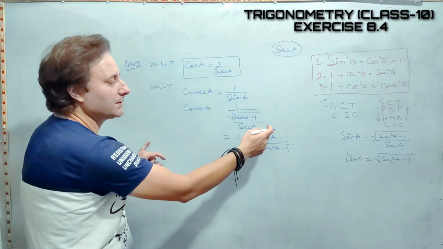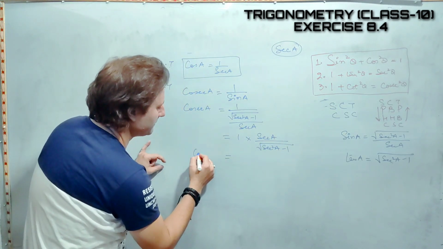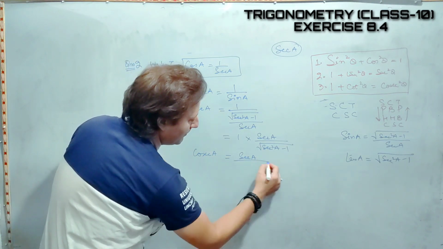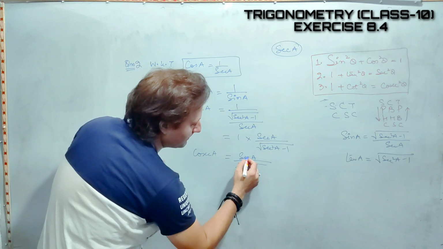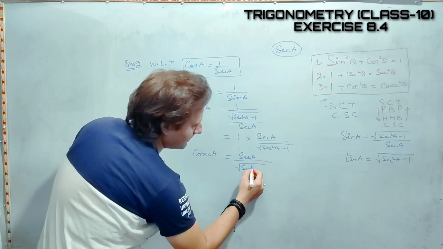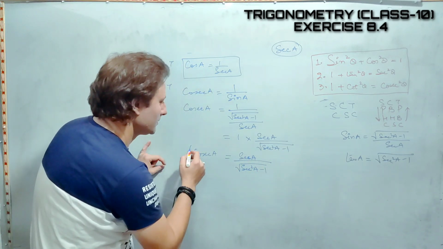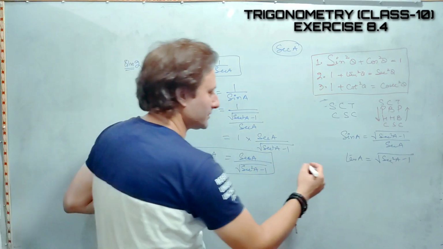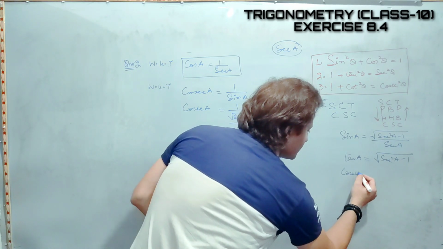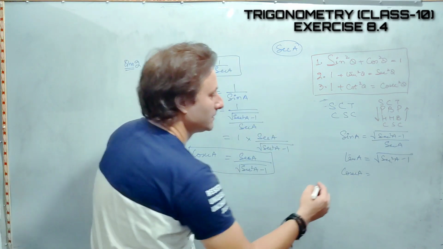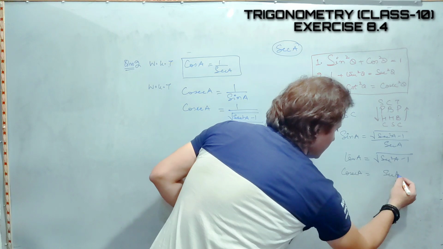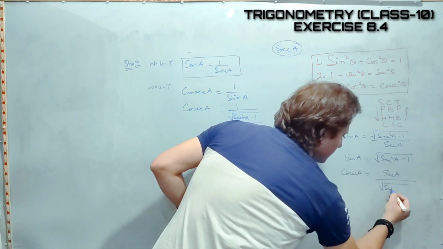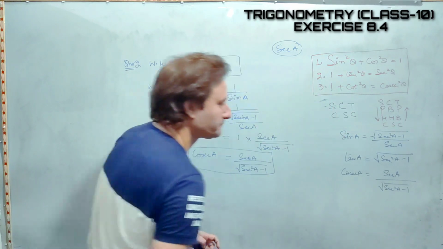We are multiplying this with 1, so it doesn't make much of a difference here. Cosec A will be sec A upon under root sec square A minus 1. Have we got the value of cosec A? Yes, we do. Cosec A is equal to sec A divided by under root sec square A minus 1.